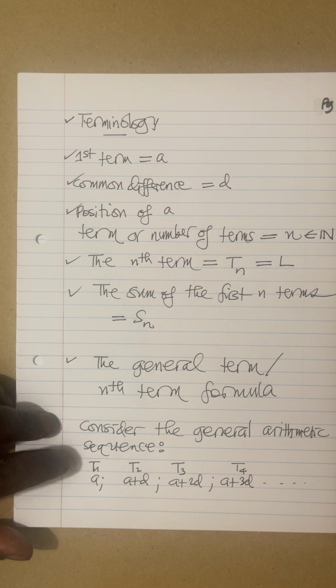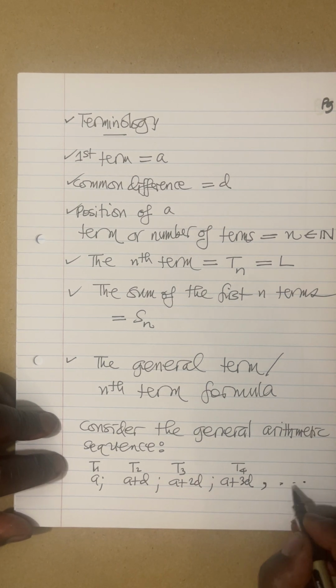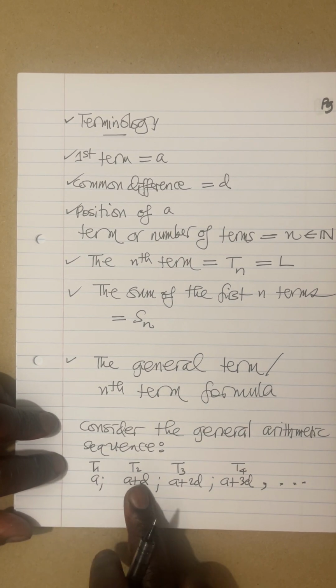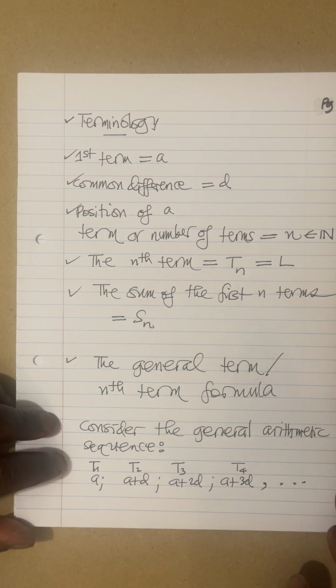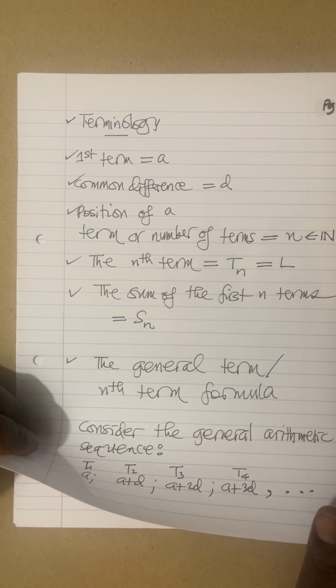And I want to look at an analysis of this. Of course, our interest is, what is the term at position n, the last term there? So this is term number 1, number 2, number 3, number 4, and so on. We're on page 3 now.